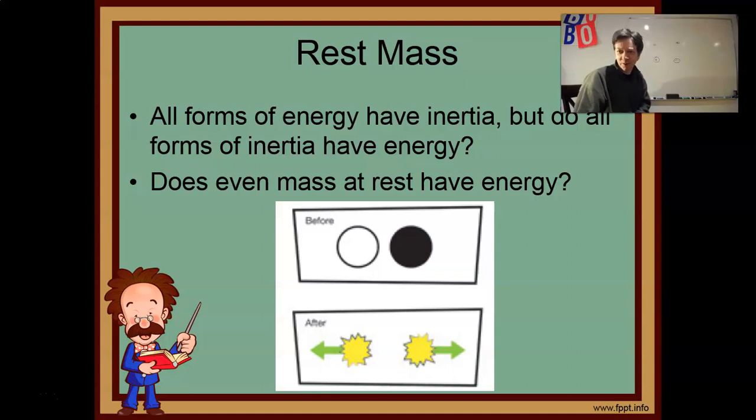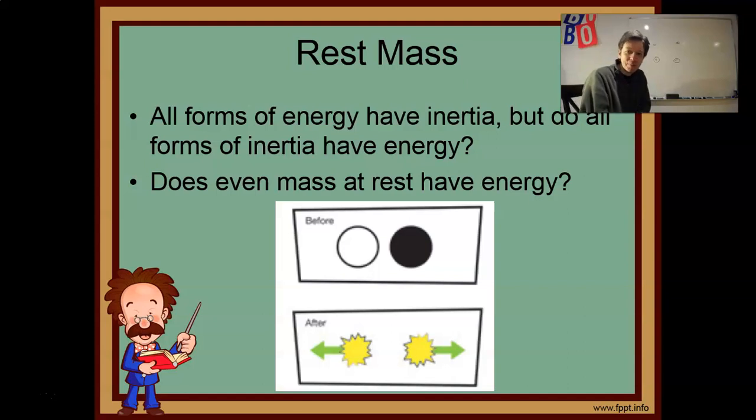Luckily, it's only one particle and antiparticle, so we're not going to blow up the city or anything. But we have, let's say, an electron and a positron. When they touch, they initially have mass, but when they touch, all that mass is gone. And let's say we get 2 photons, each with a certain amount of energy. Wait, those photons have inertia. And if those photons have inertia, well, the mass of that entire box hasn't changed.